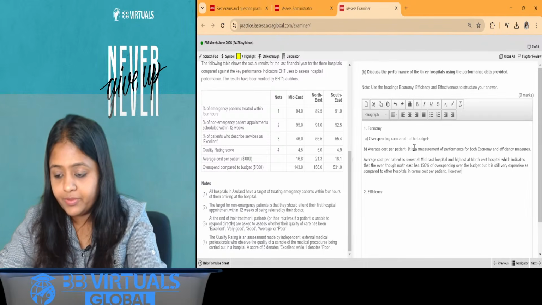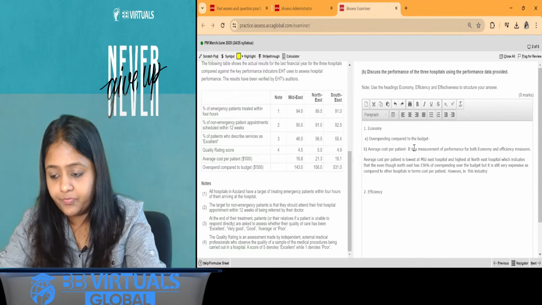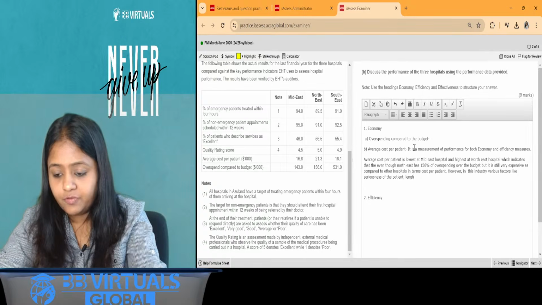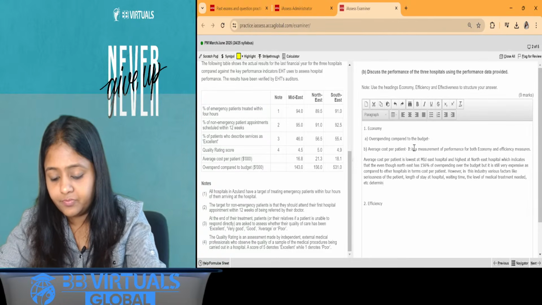Okay, however, you know, in this industry, various factors like the seriousness of the patient, okay, length of stay at hospital, waiting time, the level of medical treatment needed, etc., determine the cost.